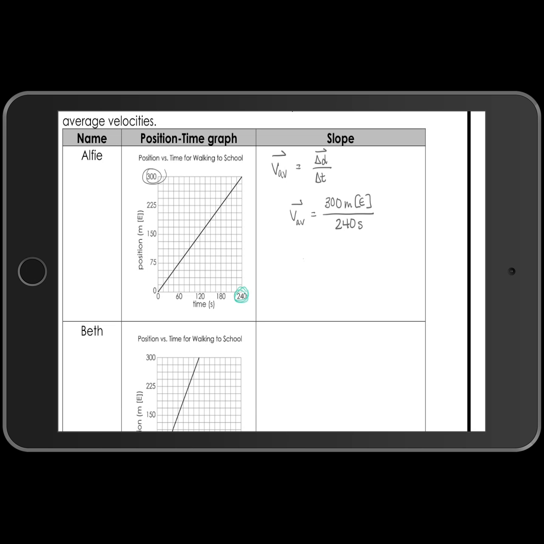So when we divide it out, their average velocity comes out to be 1.25 meters per second east.